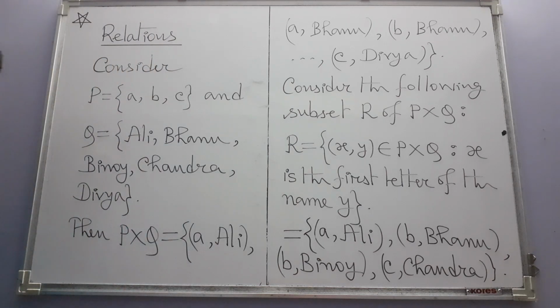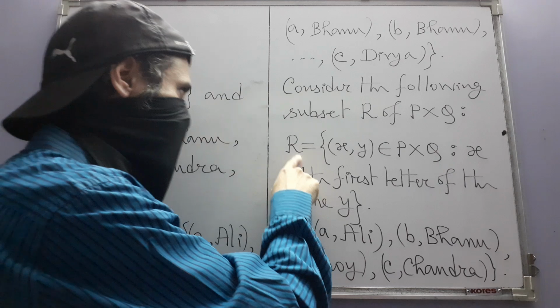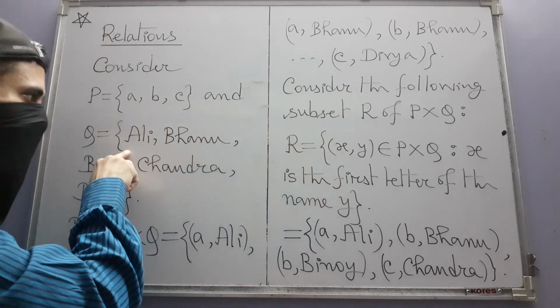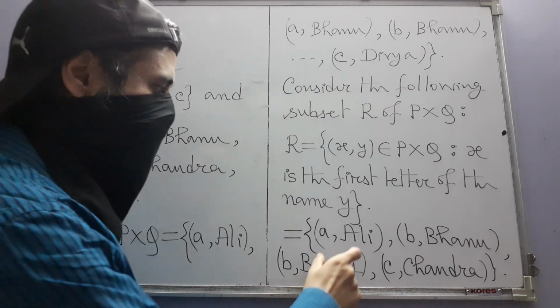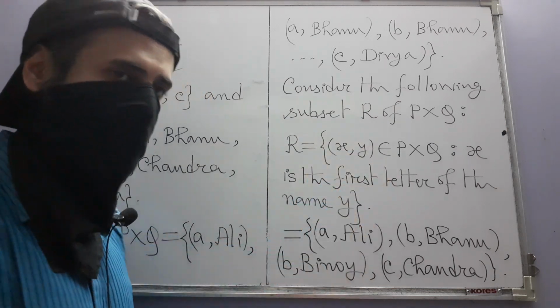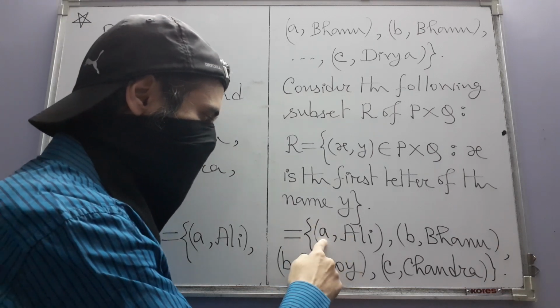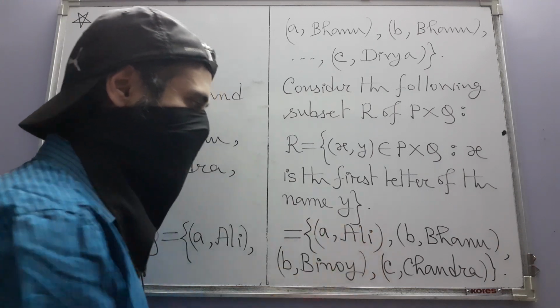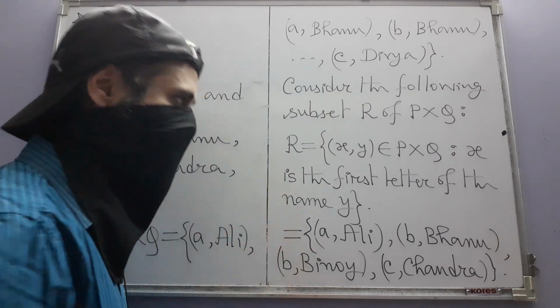And in fact, what does this relation do? It relates the elements in P with the elements in Q in such a way that the element of P that is going to be related to some element of Q is to be the first letter of that element to which it is going to be related. In that sense, this is a relation.